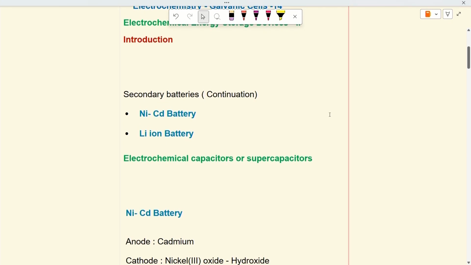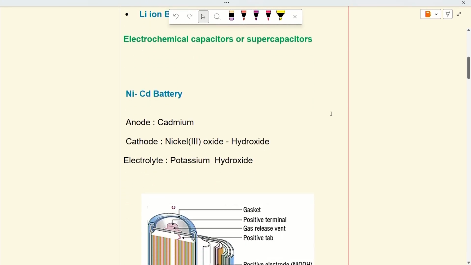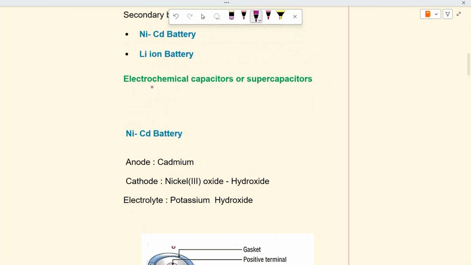Now, let us move on to the first example, that is the nickel cadmium battery. The nickel cadmium battery is a battery which is very familiar with all of us. It looks like an ordinary battery, the cylindrical ones, small ones, and the peculiarity is that these batteries are rechargeable. So, this comes under the secondary battery. Most of the cameras, for flashes and everything, will be using such type of battery.